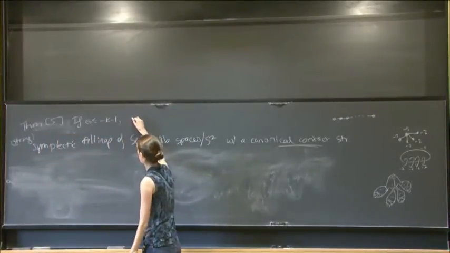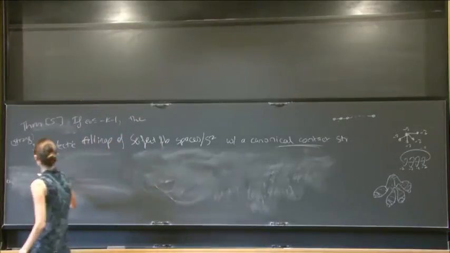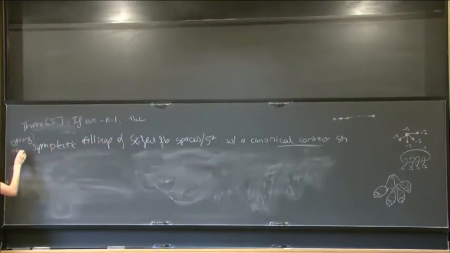So then I'm going to add in the qualifier that these fillings be minimal, so they're not blow-ups of anything. You can always symplectically blow up a symplectic filling to get a new one, but it's not a terrifically interesting change, and so we're going to stick to just understanding the minimal ones.